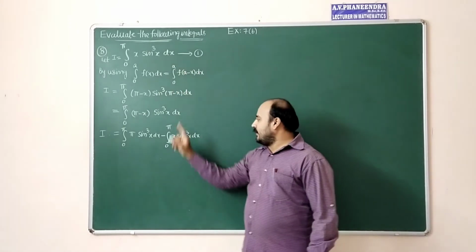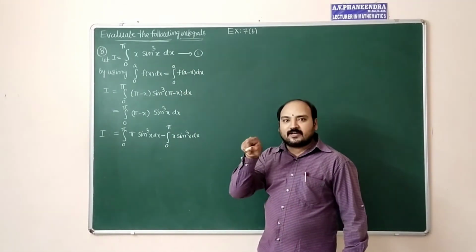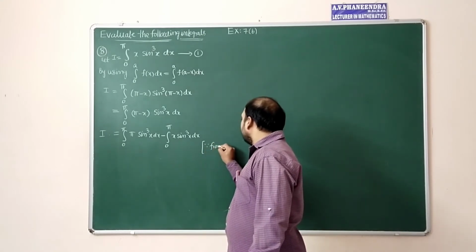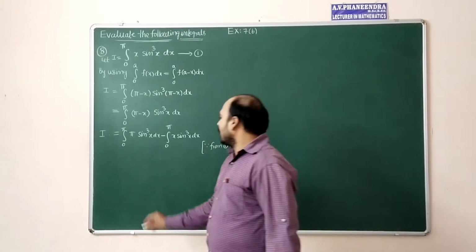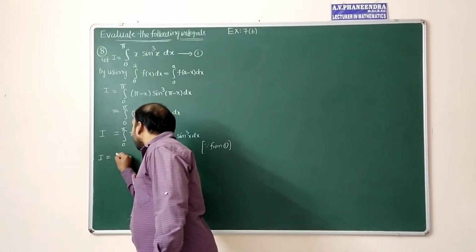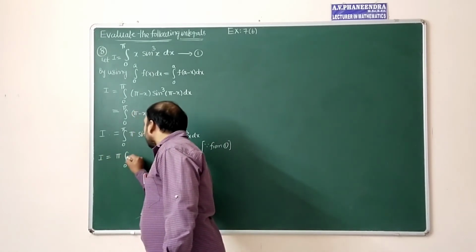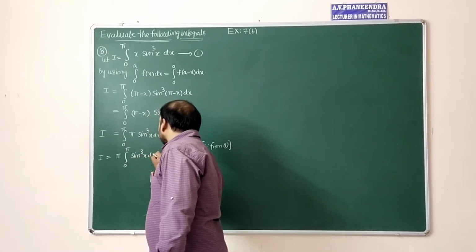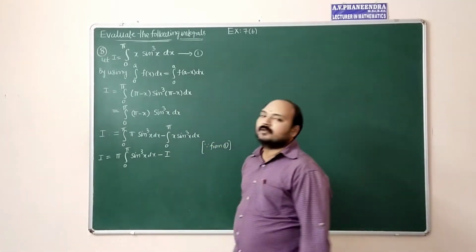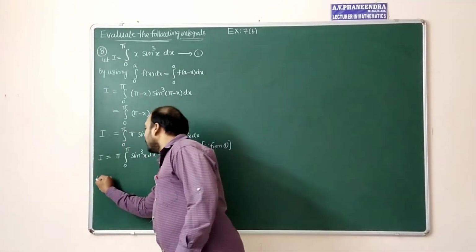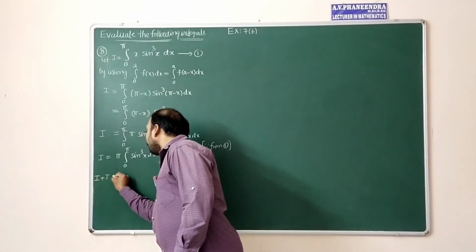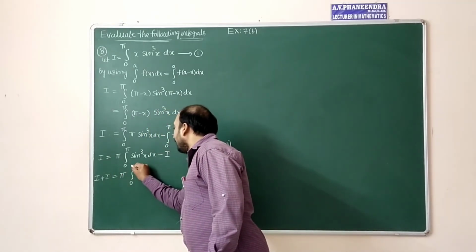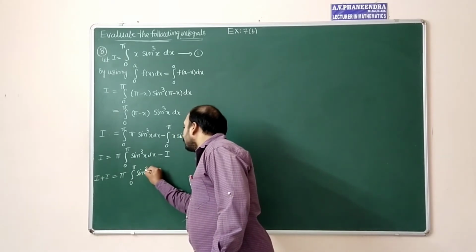Since from equation 1, in place of the second integral you have to write it as I. So I equal to pi into integral 0 to pi sine cube x into dx minus I. We can take this side, I plus I equal to pi into integral 0 to pi sine cube x into dx.